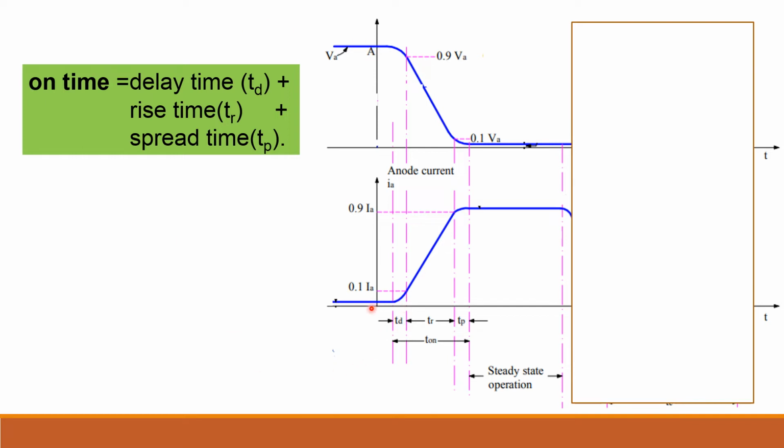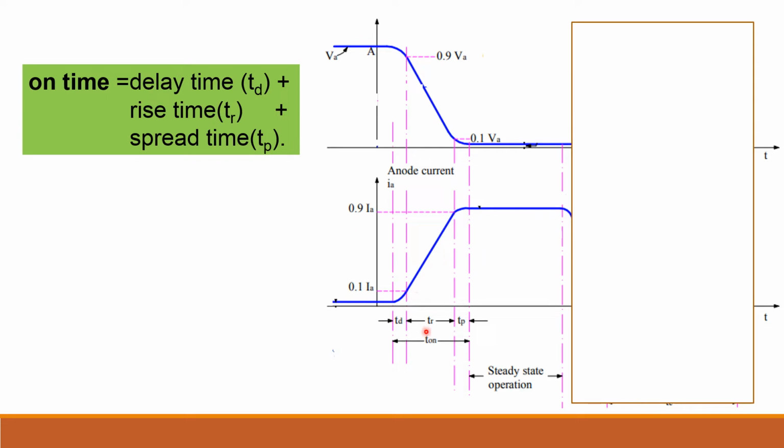Now when you apply the gate signal, what happens? The current starts to rise. It rises from leakage current to 0.1 of the final current IA. That period is called the delay period. After that, from 0.1 IA, it increases to 0.9 IA.